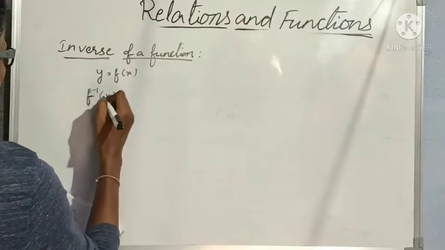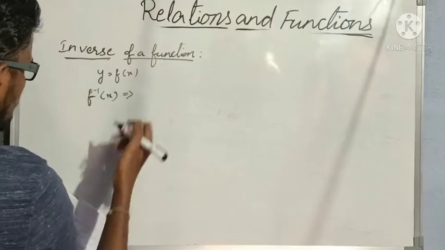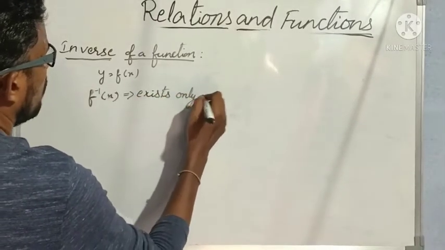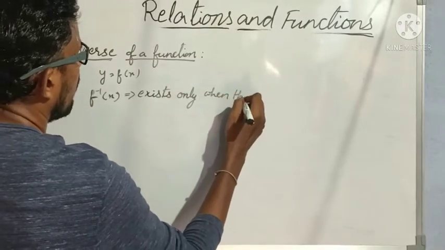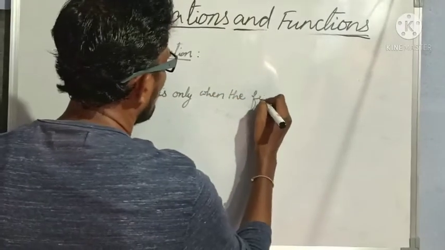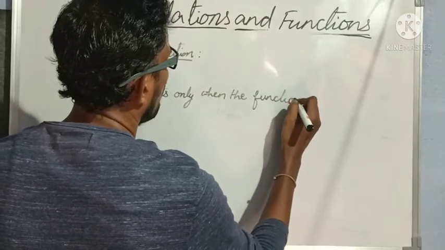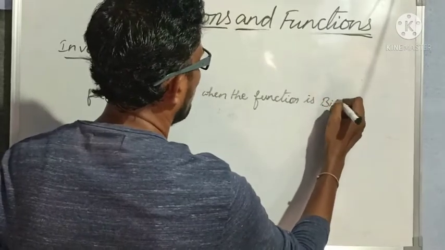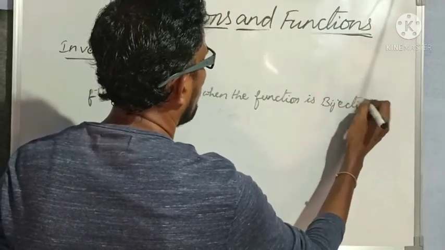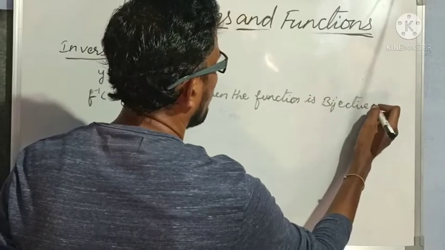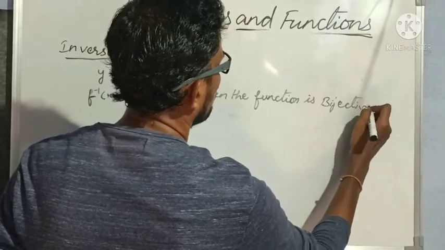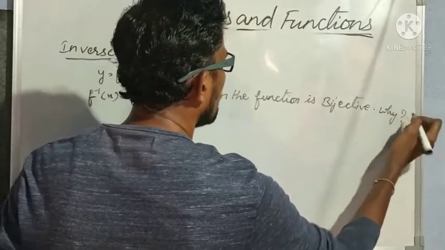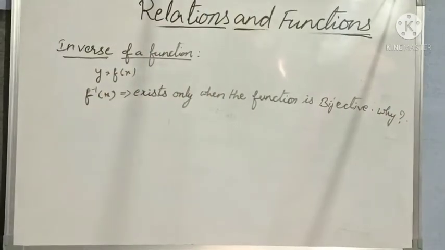When does f inverse x exist? f inverse x exists only when the function is bijective. Why? Let us see why the inverse of a function exists only when the function is bijective.